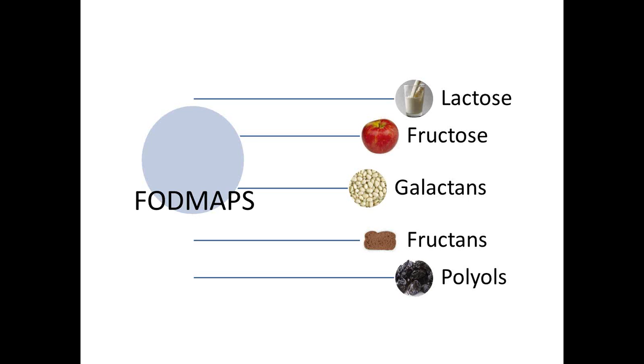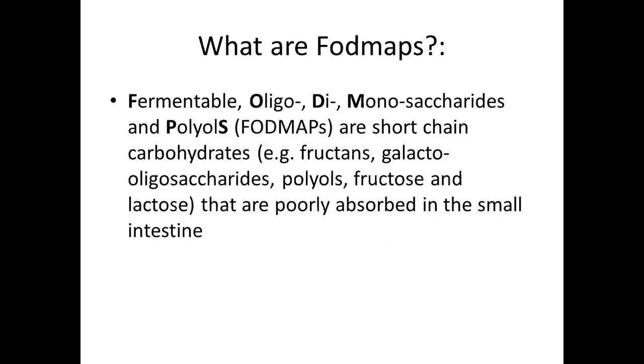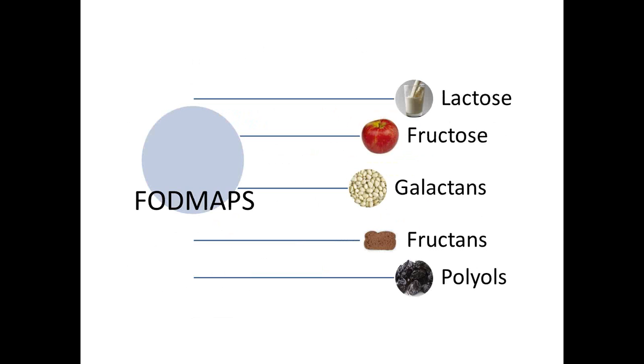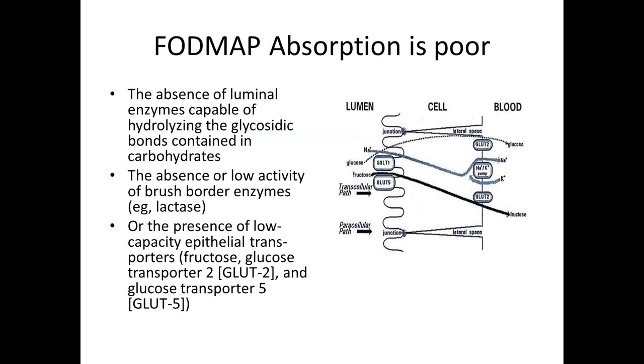Galactans such as beans, fructans such as rye, and polyols such as dates. And in the back of your presentation is a whole breakdown of the various categories of FODMAPs, and I recommend this book. It's available on your Kindle to help with walking through patients on the low FODMAP diet. I have done presentations on the low FODMAP diet that are available online, and I get deeper into this topic. But I'm going to give you some other basics.